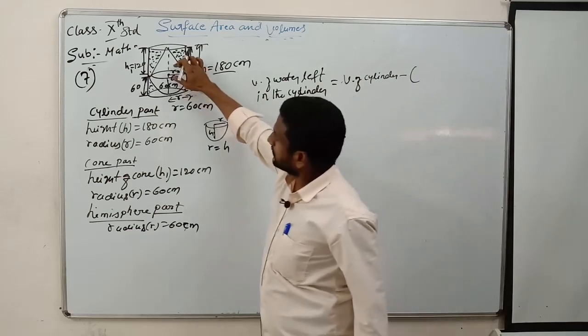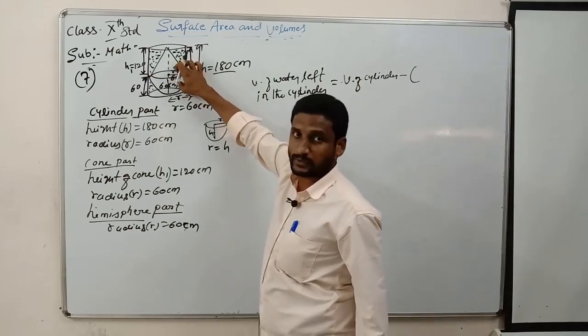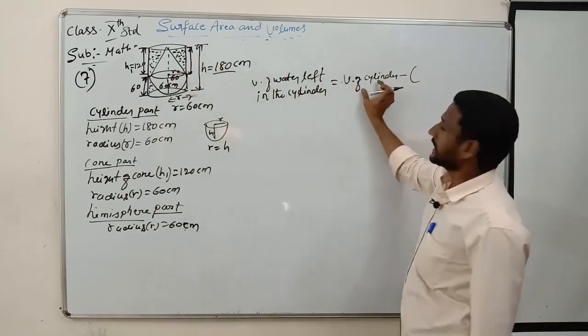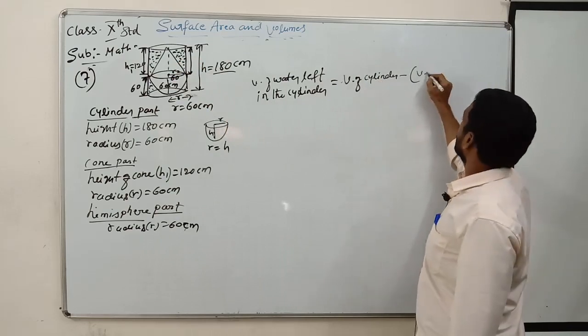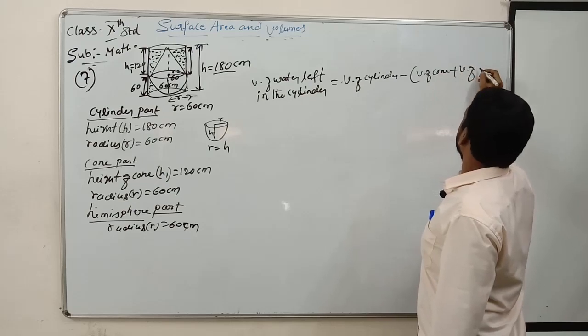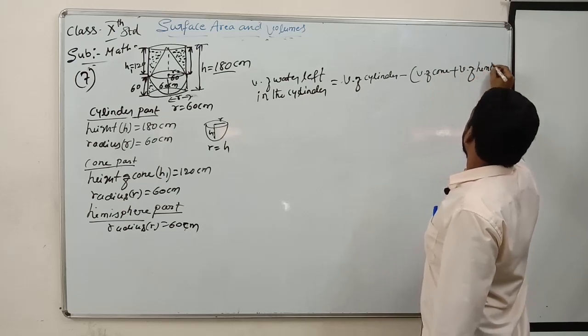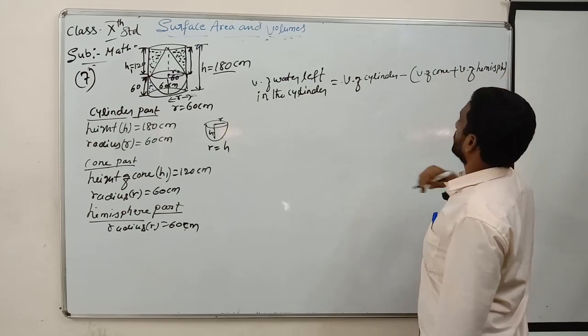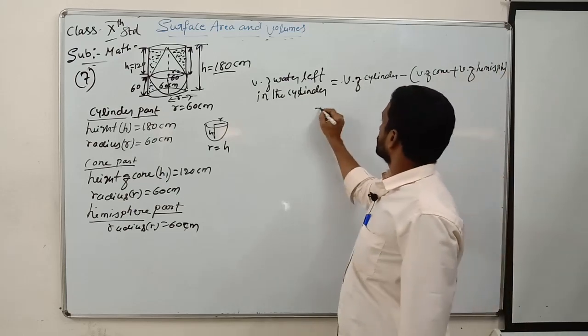You should add the volume of the cone plus the volume of the hemisphere, and subtract that from the cylinder. So the volume of water left is equal to the volume of the cylinder minus the volume of cone plus volume of hemisphere.